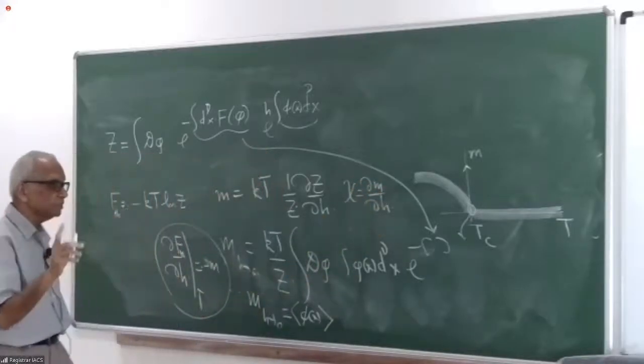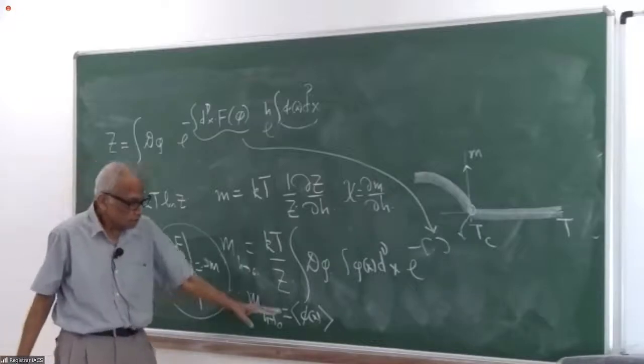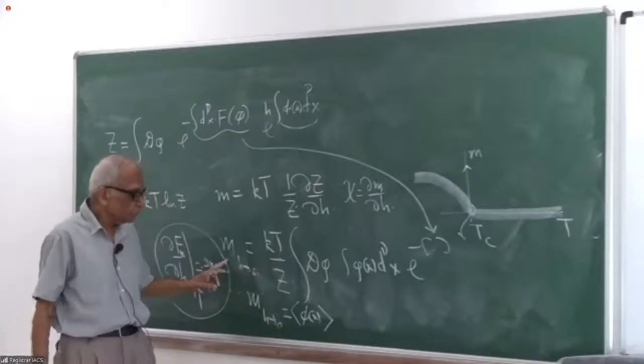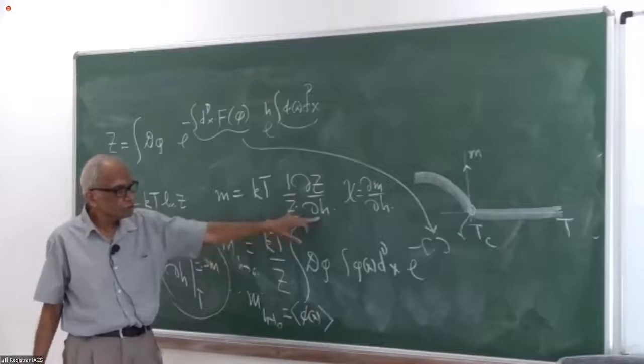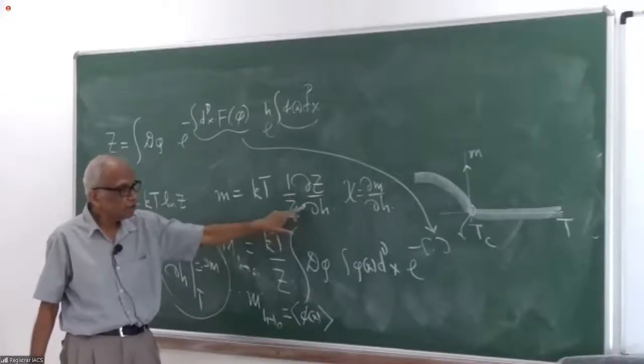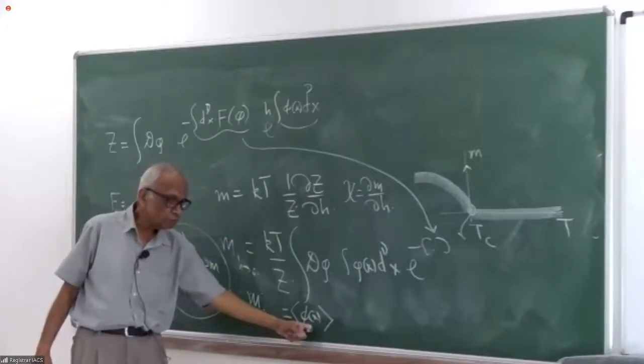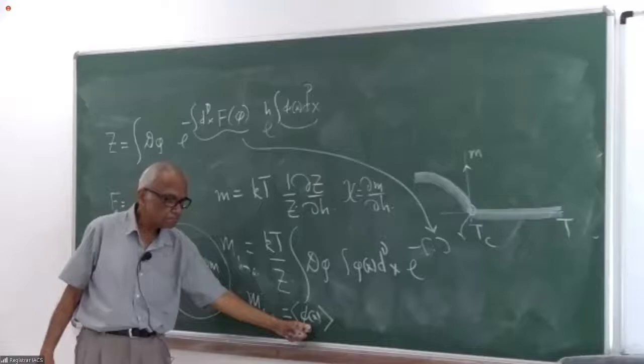Now, this is something I'll leave you. I'll tell you what the answer is, motivate the answer, and then let you worry about figuring it out. Del m, which was a one-time derivative over here of Z, brings down this phi of x.